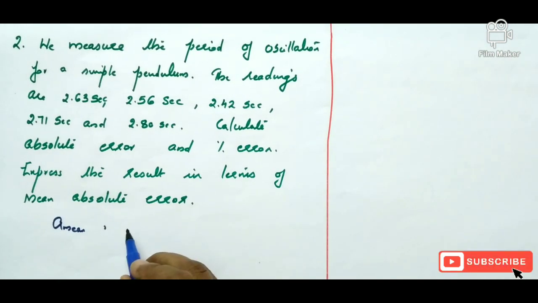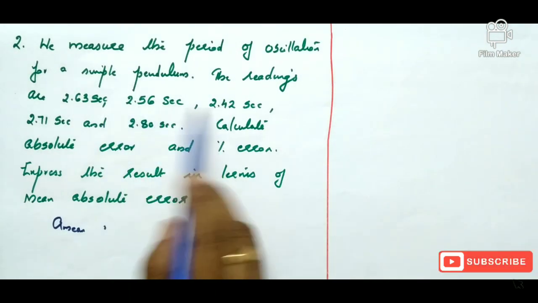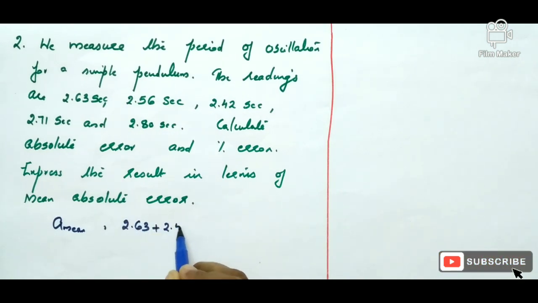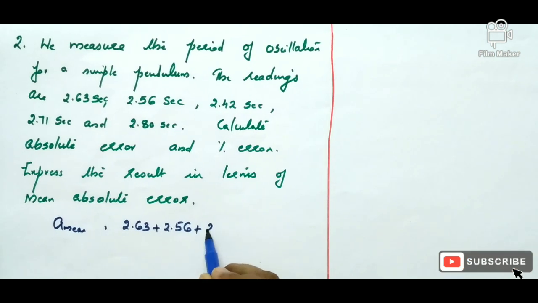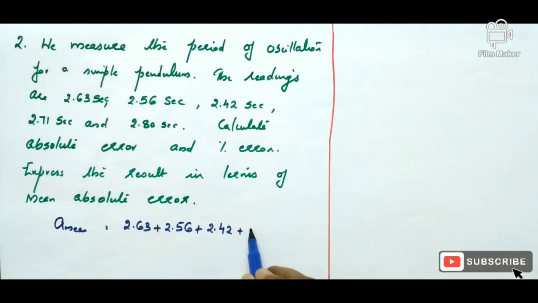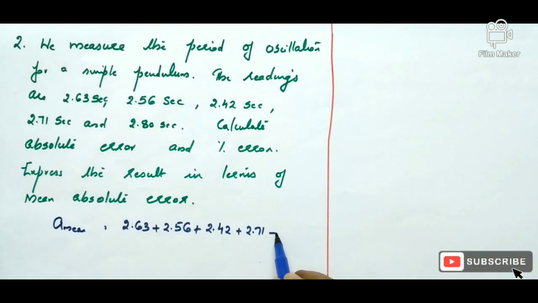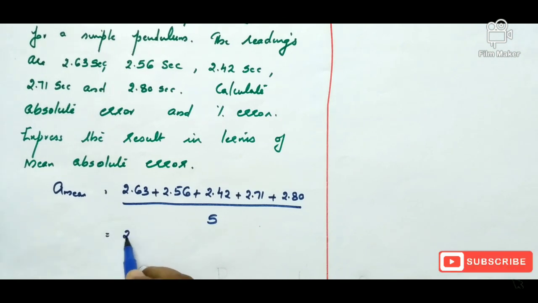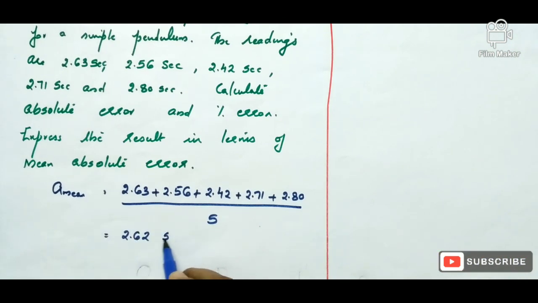What is A mean? We can take the sum of all the observations divided by 5, as 5 observations are there. So 2.63 plus 2.56 plus 2.42 plus 2.71 plus 2.80 divided by 5 is equal to 2.62 second.